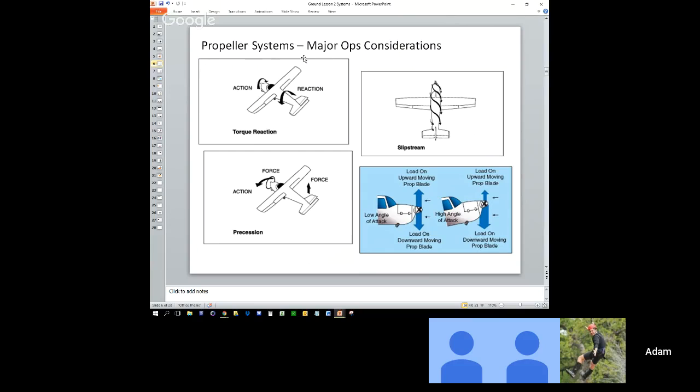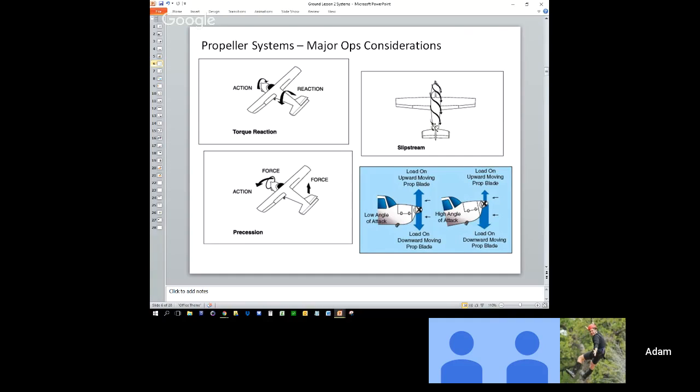The torque reaction is relatively simple. Newton's third law: the prop's spinning clockwise, so by consequence the airframe, what it's attached to, wants to spin counterclockwise. So when you're flying along and you go from a low power setting to a high power setting in an instant, you're going to feel that airplane kind of rock to the left a little bit.